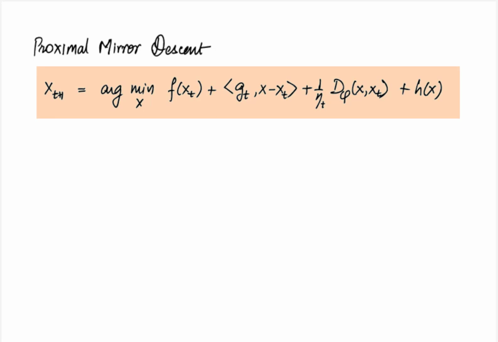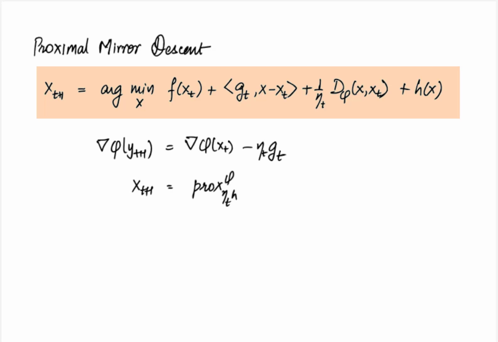And from the properties of the Bregman divergence, we can write down the updates in a different way as gradient of phi of y_{t+1} equal to gradient of phi of x_t minus eta_t g_t, and x_{t+1} equal to prox with respect to eta h, phi of y_{t+1}.